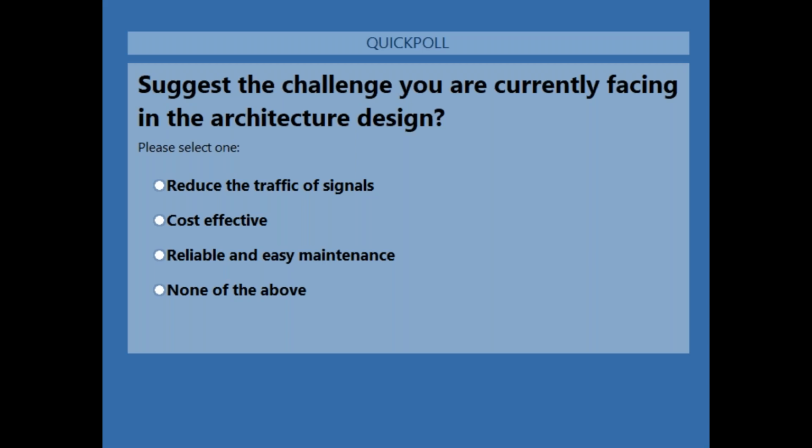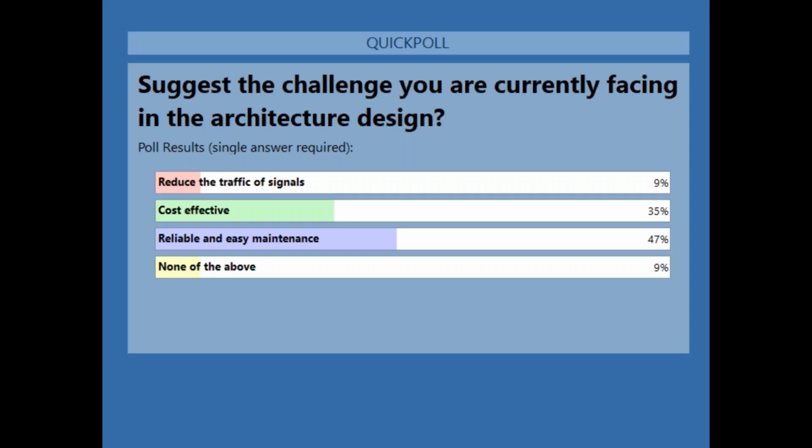Okay, so I am sharing the results now on the screens. 9% say reduce the traffic of signals, 35% say cost effective, 47% believe in reliable and easy maintenance, and 9% say none of the above. Thank you, and we shall again hand over to the speakers.